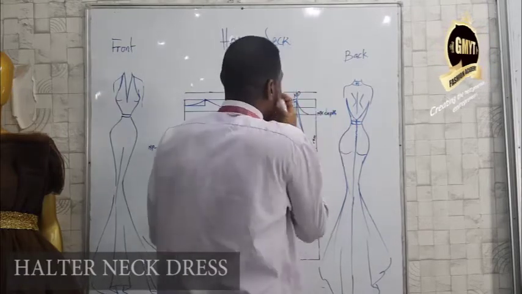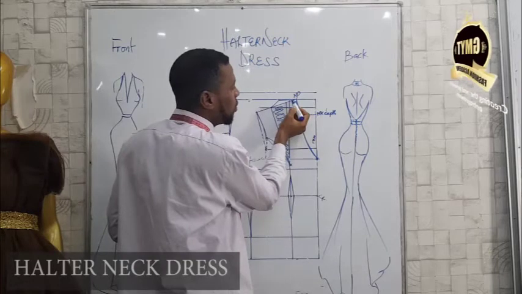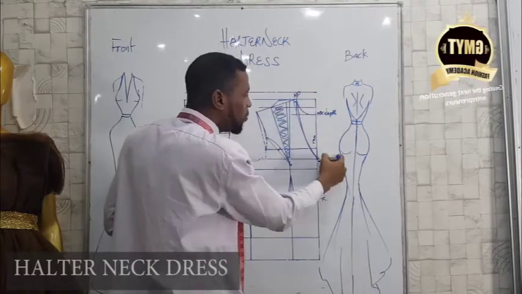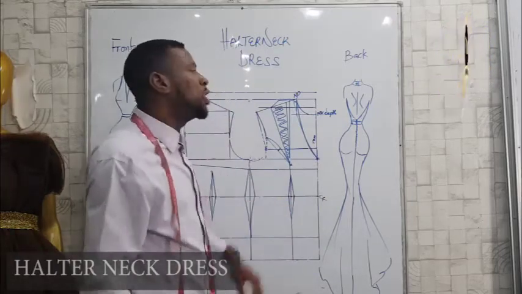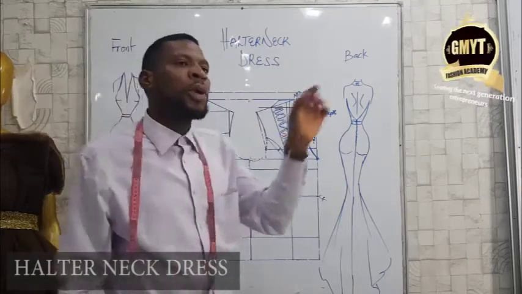So now, you can use either of these two: measure 1 cm inward from NP, or maintain your NP, then link it back to your neck depth. Then the next thing for us to do is to determine the width of the halter neck strap.